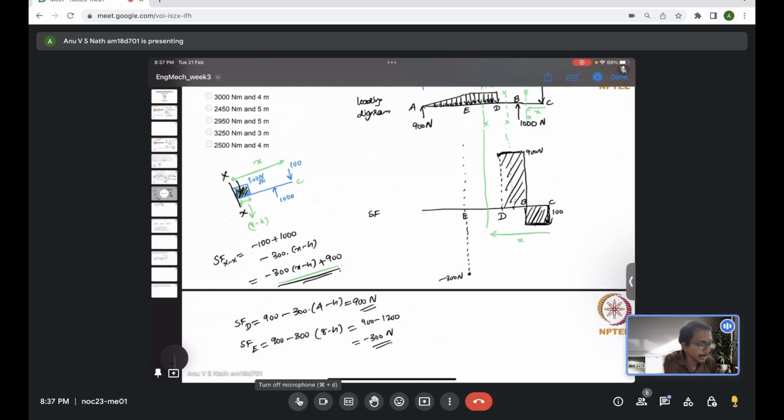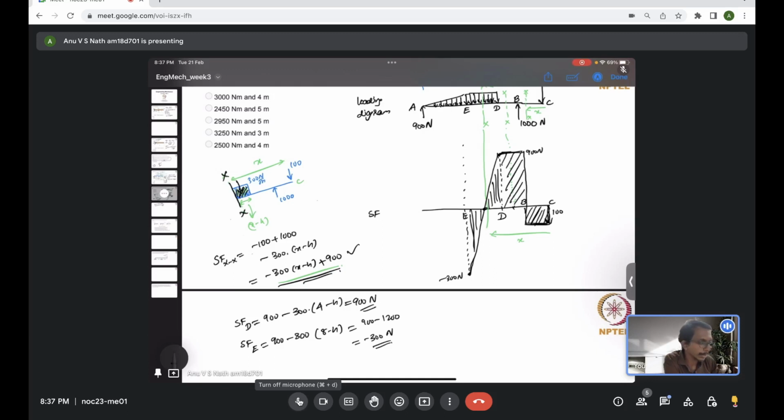Now in between E and D, at any point, we can use this expression to evaluate the shear force. But it's just a linear expression, so you can just draw a straight line connecting both the points, and that will give you the shear force in this particular area. So it's going from 900 to minus 300, passing through some point where shear force becomes 0.